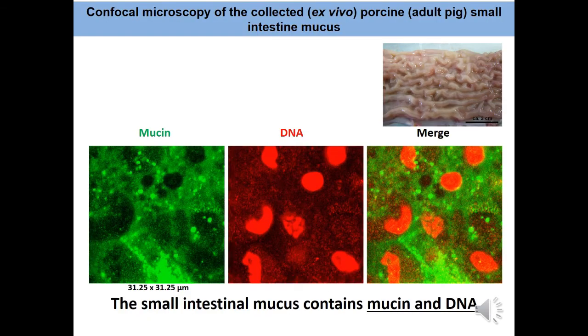In experimental practice, the mucus removed from the tissue is usually used. In this collected ex-vivo mucus, the coexistence of the mucin network and also the DNA was seen. In order to confirm the contribution of the DNA to the microstructure, but also to the permeability of the mucus, the DNA was selectively hydrolyzed with DNase.